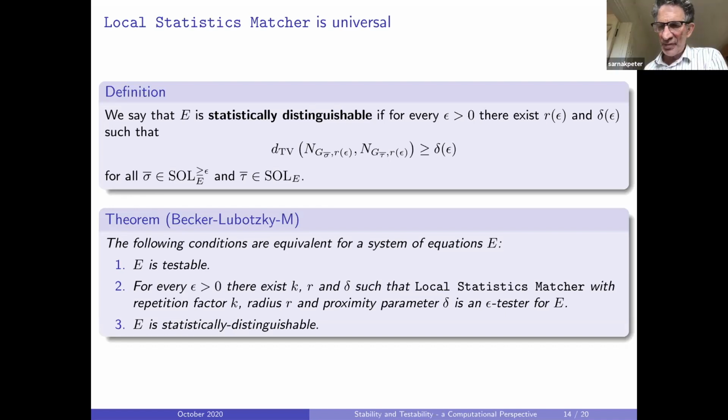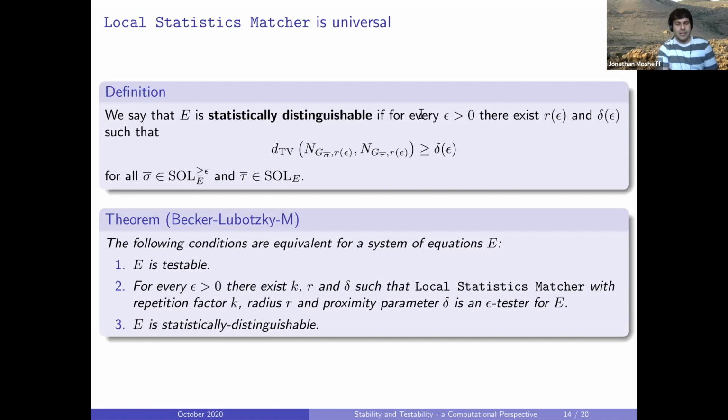So if you're not trying to do anything quantitative here, that is, if you're only interested in whether there exists a delta and not in what delta is as a function of epsilon, then it makes no difference. Understanding the quantitative bounds on delta is equivalent to understanding the number of queries that the local statistics matcher would need to do.